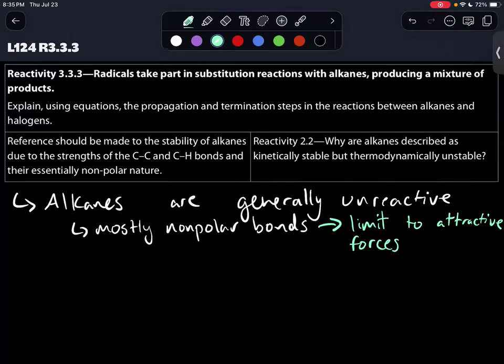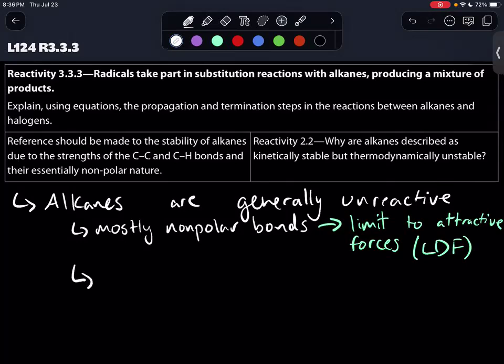And that's because they're pretty much only LDFs. Usually only London dispersion forces are going to be the major attractive force, but that's not as strong as hydrogen bonding or dipole-dipole.